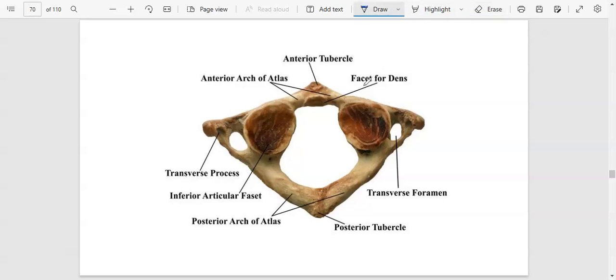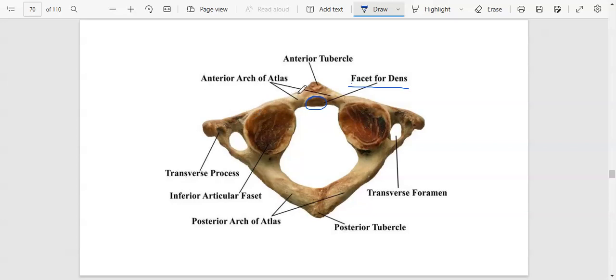We also have facets. Now, facets are just points of attachment. So this is a facet here, meaning that there's something that has to attach there. It is either a point of attachment to other cervical bones or a point of attachment for some other things, right? So we also have the anterior arch of the atlas.